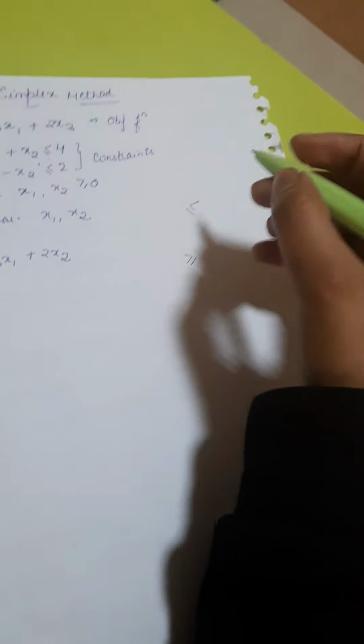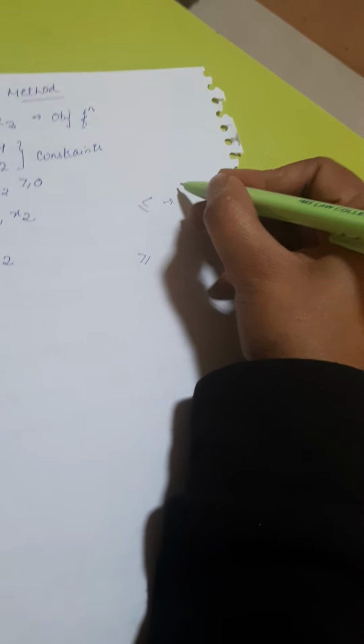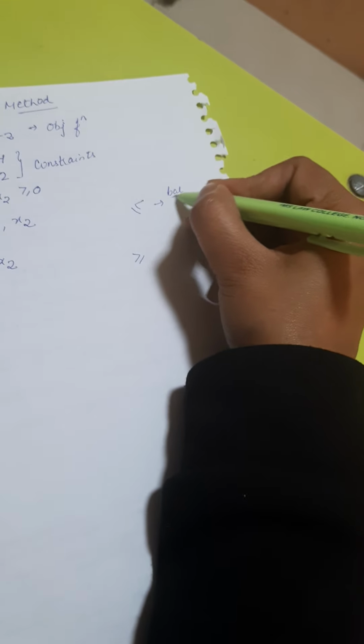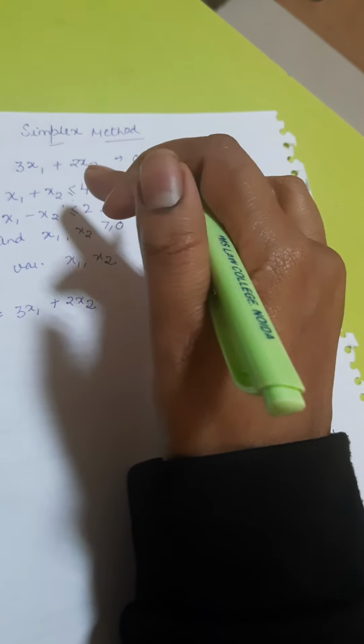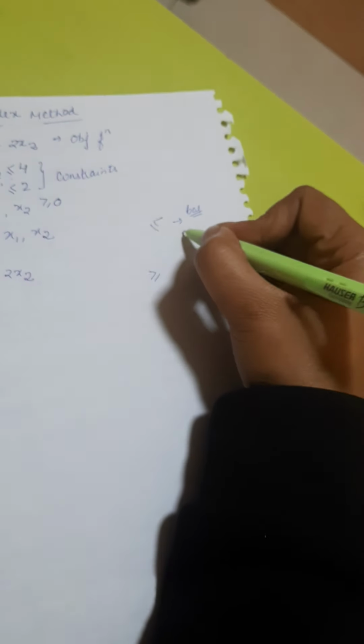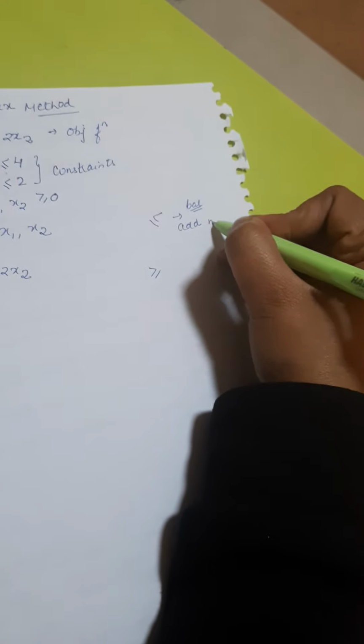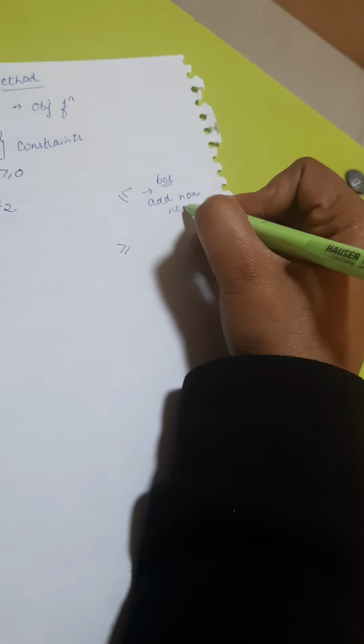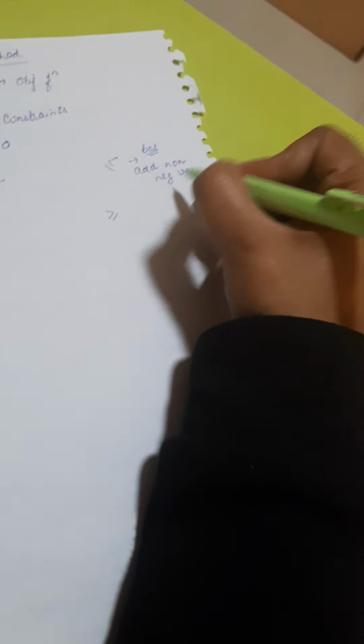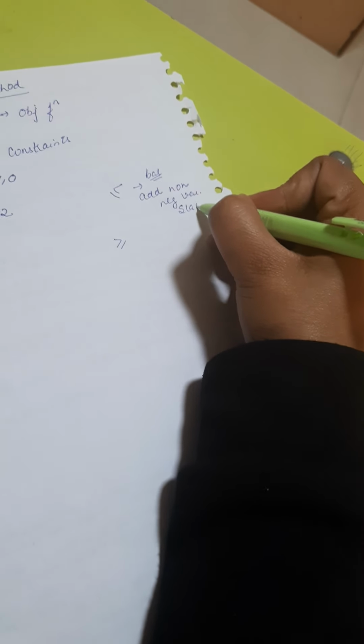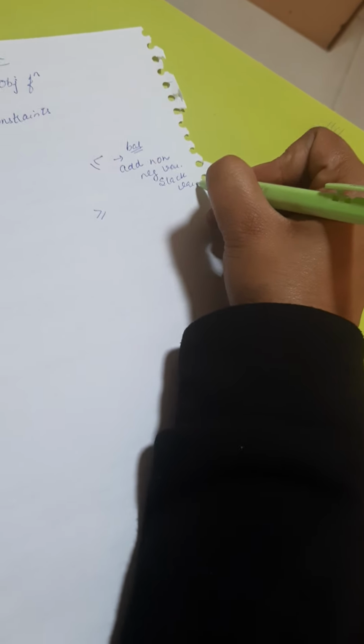If there is a less than condition, to make the equation balanced you have to add one non-negative variable, which is known as a slack variable, only in the condition of less than.